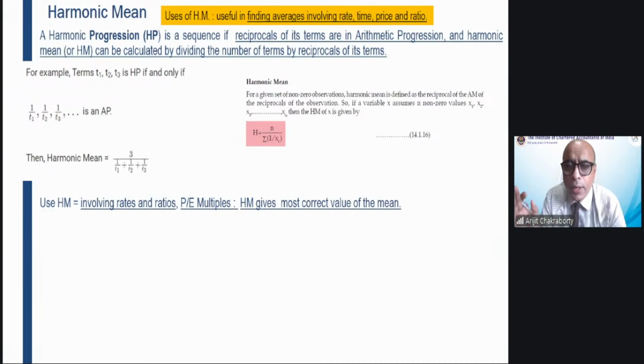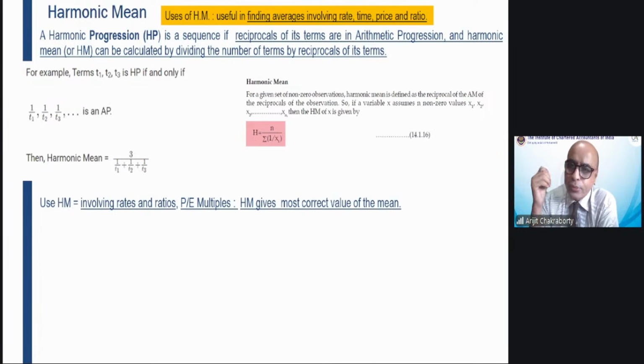So I hope you have understood this. And the harmonic mean, as you can see, is when we have three terms, that is n equal to 3, and the terms are T1, T2 and T3. The harmonic mean is given by, in the numerator we have the number of terms, that is 3, and in the denominator we are adding the reciprocals of the three given numbers.